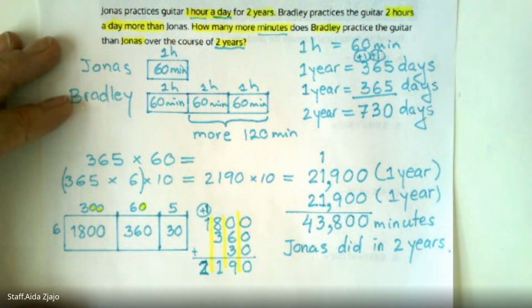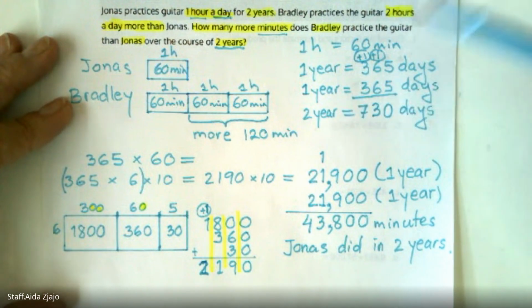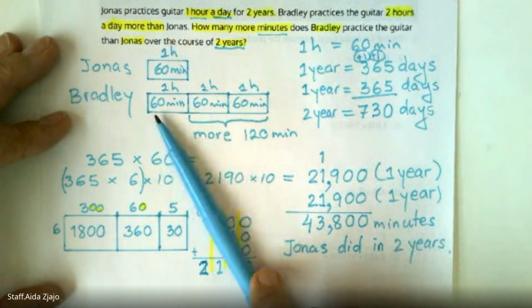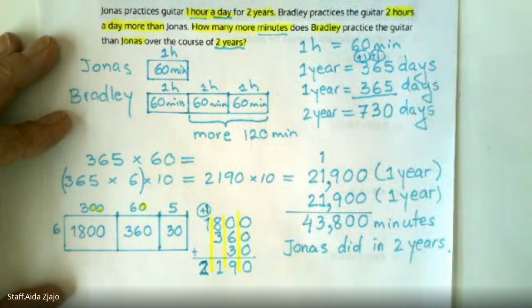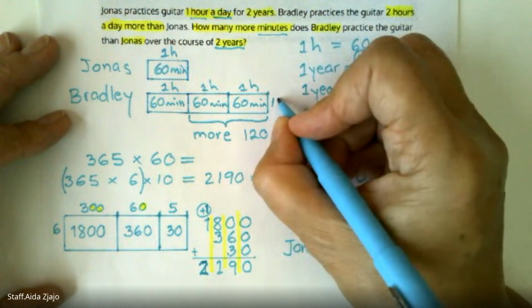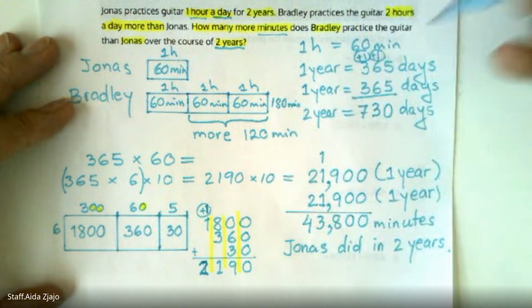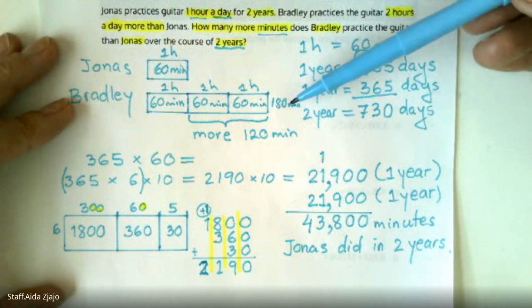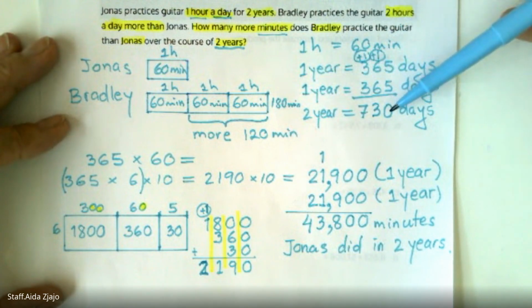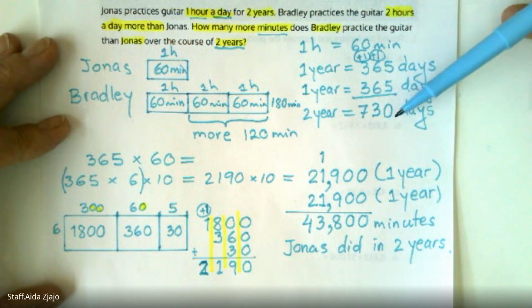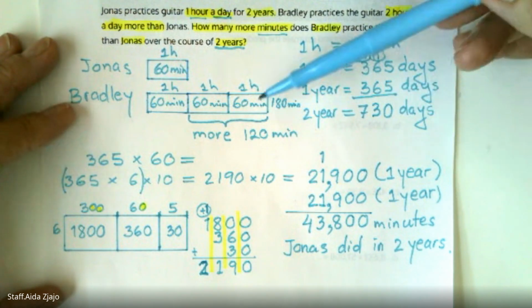So now you may think there are different solutions. You can think about a total of 180 minutes that Bradley did. So you can multiply 180 times 730 and you will get how many minutes Bradley did.